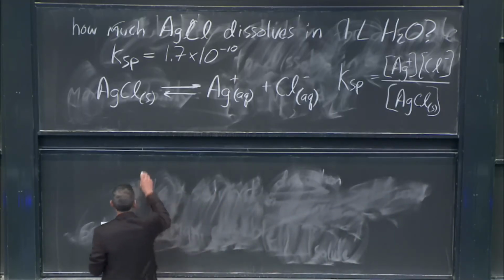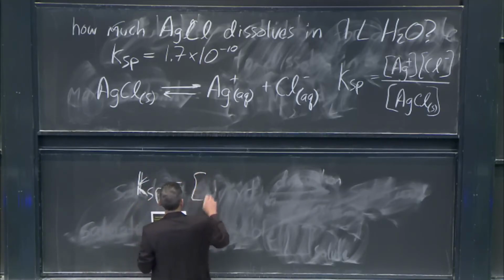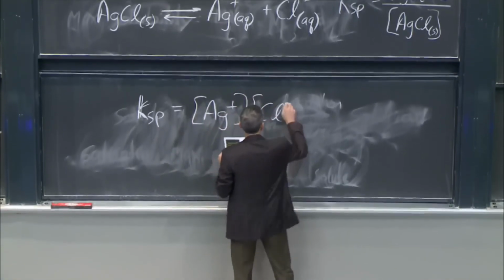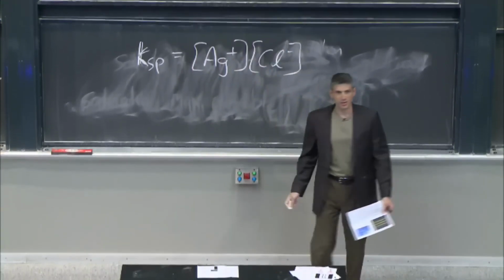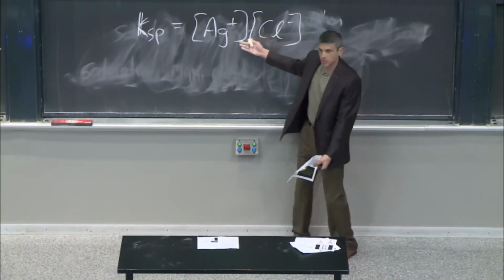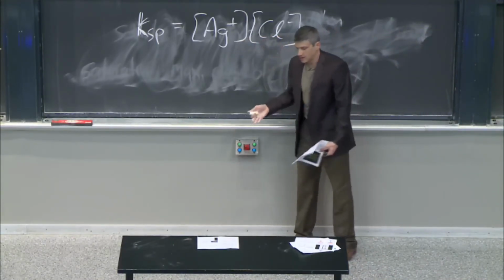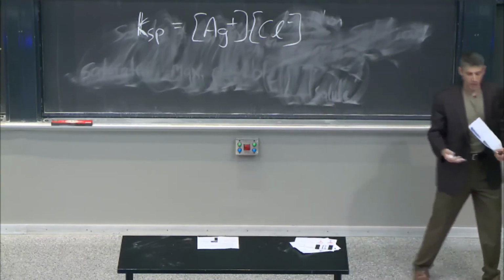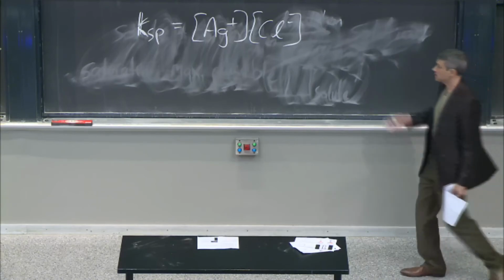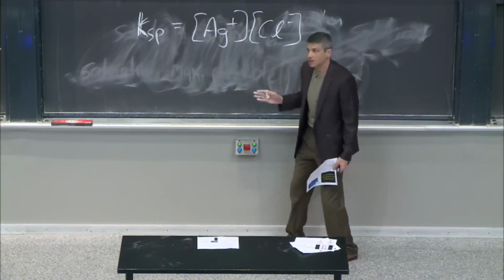So now we have that Ksp is equal to, in this case, Ag+ times Cl-. Talk about solubility product: solubilities are concentrations. When I add this in, it reaches some equilibrium where they're dissolving and reforming. I wanted to know at what point that is, what concentrations that is going to be.